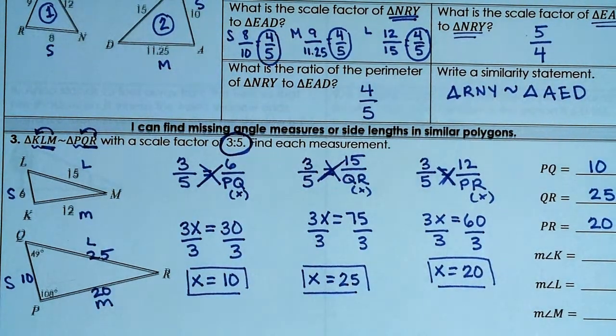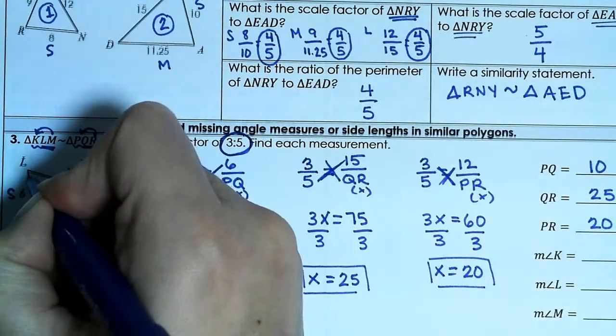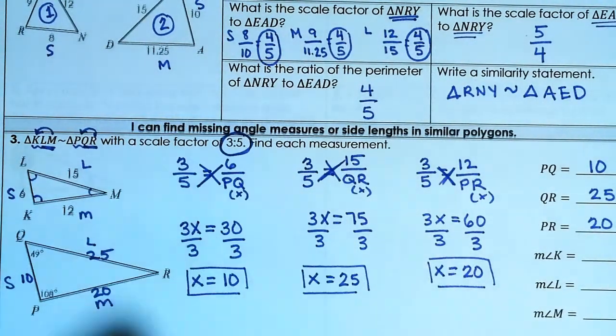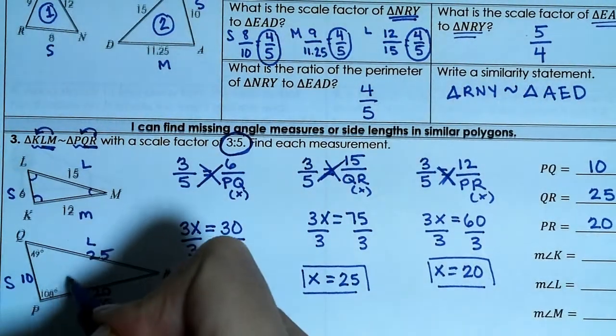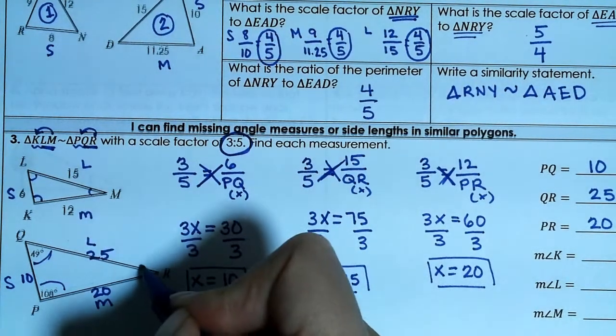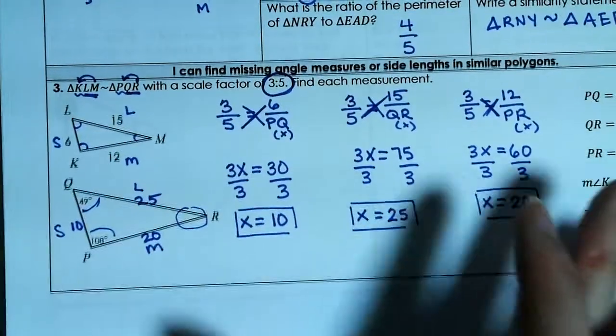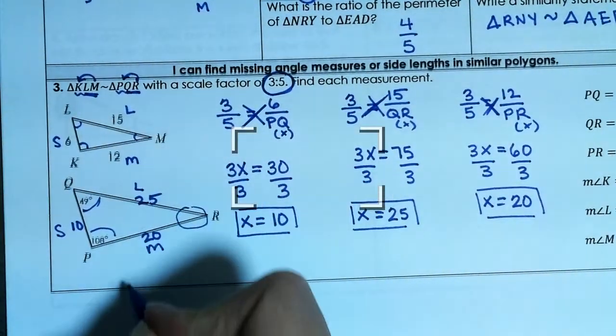All right. The last thing we want to do is find our missing angles. So I want to find angle K, angle L, and angle M. Looking at my triangle right here, I see 49 and 108, and then I have a missing angle. I know that the whole triangle is going to be 180.